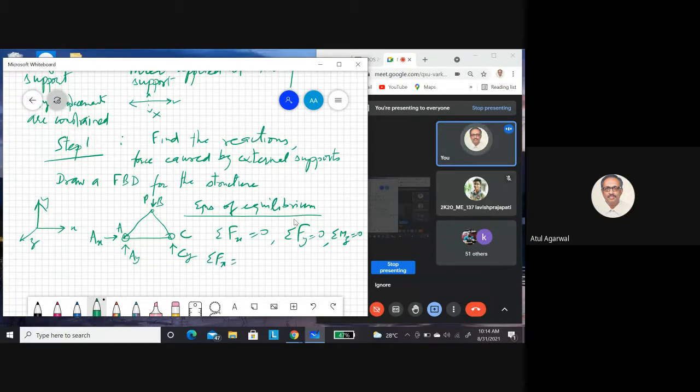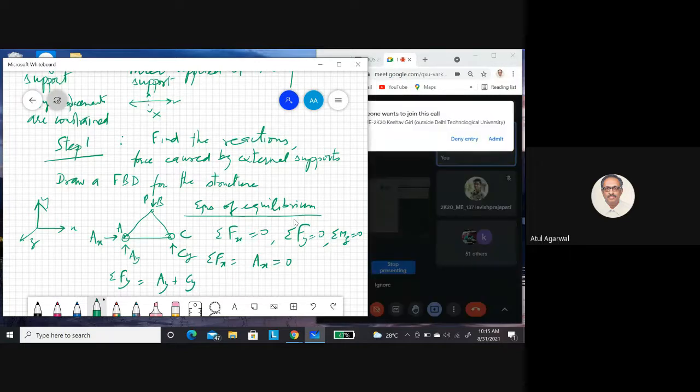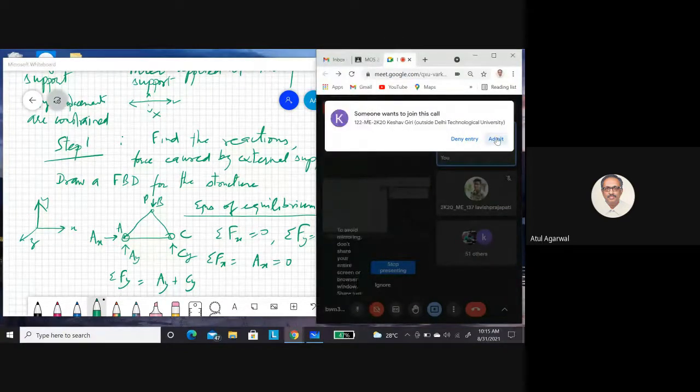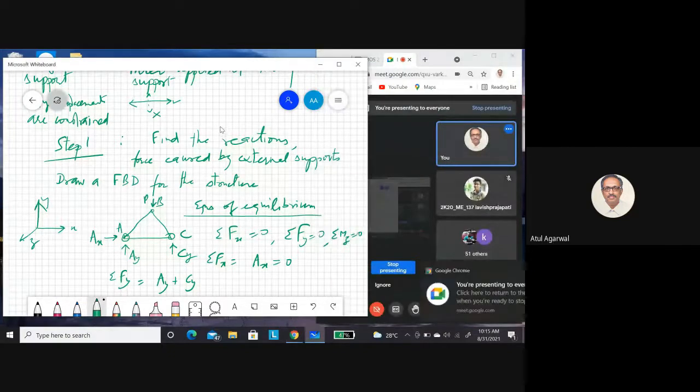There is only one force in x direction, that is AX, so it has to be 0. What are the forces in y direction? AY plus CY, and there is an external force at point B. You see this force is acting in the downward direction, so you write minus P. This is your force balance in y direction.